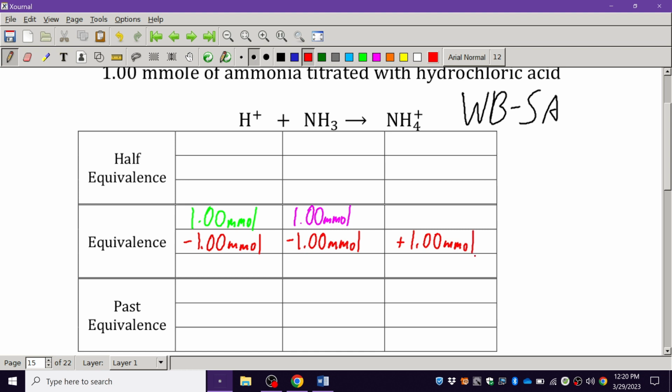So what's left in this solution? Your reactants are gone. What kind of solution is this?